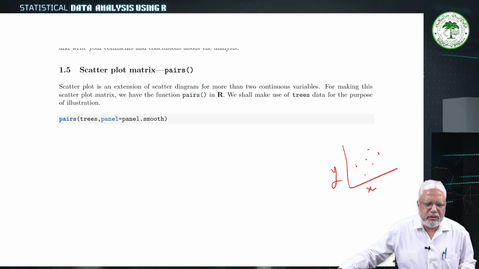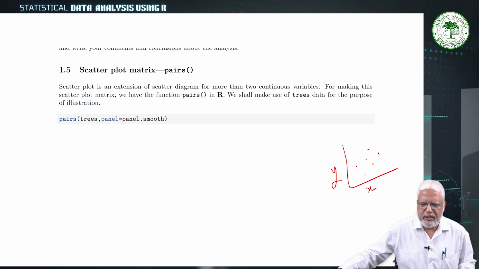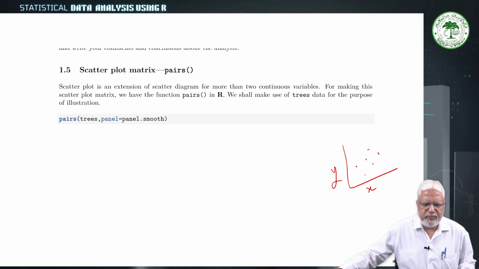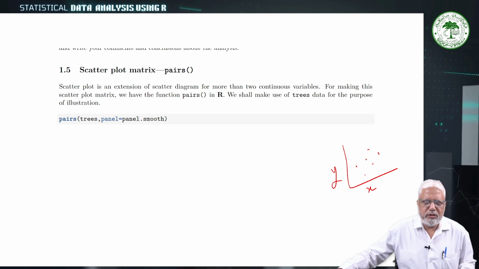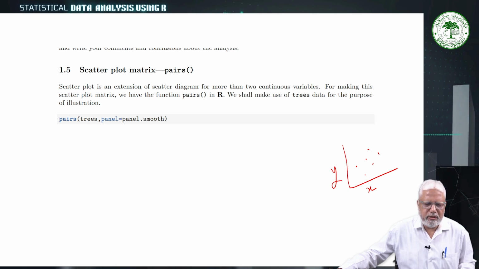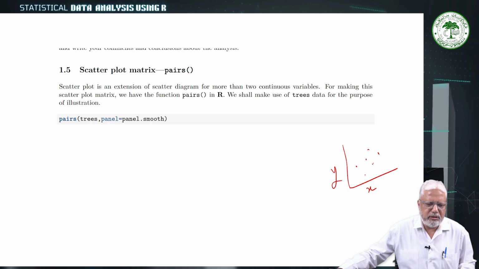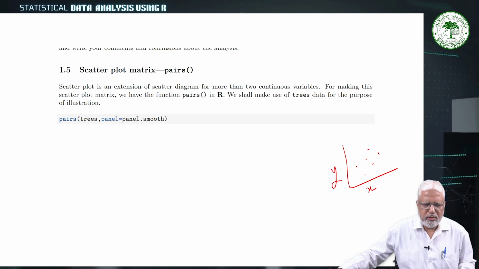So scatter plot matrix is an extension of scatter diagram for more than two continuous variables. For making this scatter plot matrix, we have the function pairs in base R. We shall make use of trees data for the purpose of illustration. So trees data you are already familiar with, so that's why I am using the trees data. pairs(trees, panel = panel.smooth).